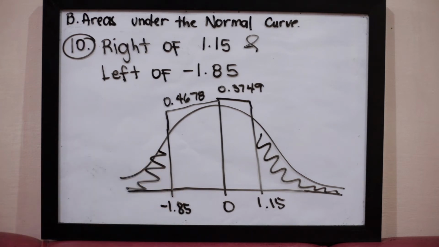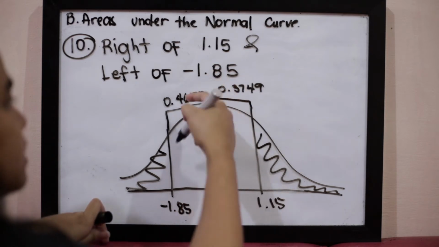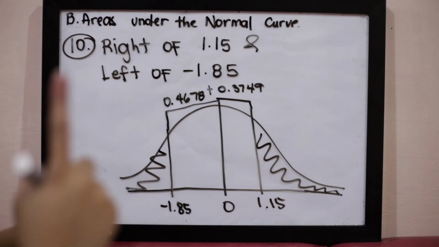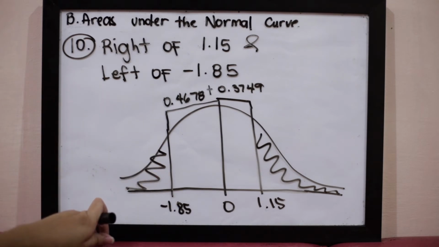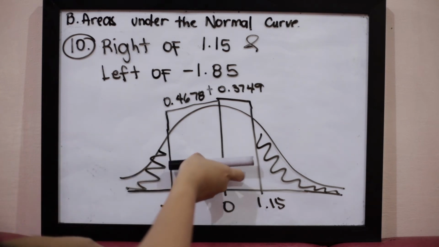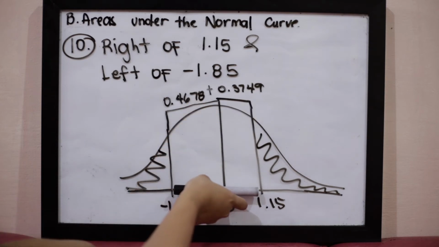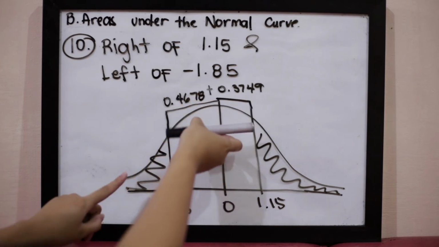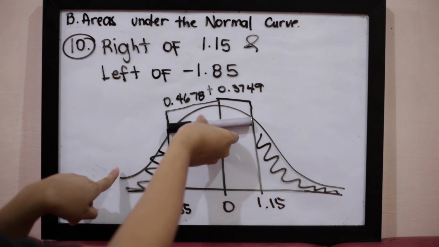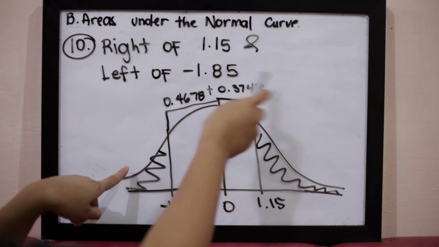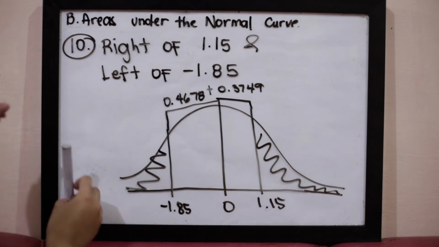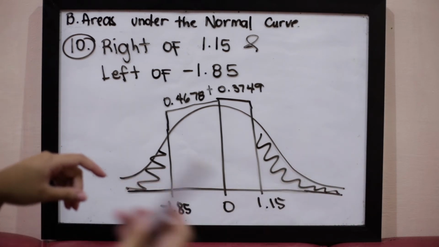The first thing is, you add the two regions, and after adding these two, you subtract it from 1. Why from 1, ma'am? Because after adding this, it's simple geometry. This is your unshaded part, right? Since this is your unshaded part and this is the shaded part, to get the area of the shaded part, since we know the unshaded, you add the two, and why 1? Because the entire normal curve is equivalent to 1.